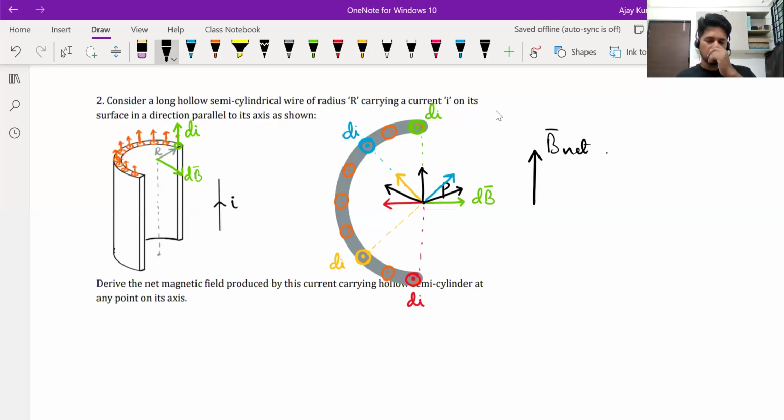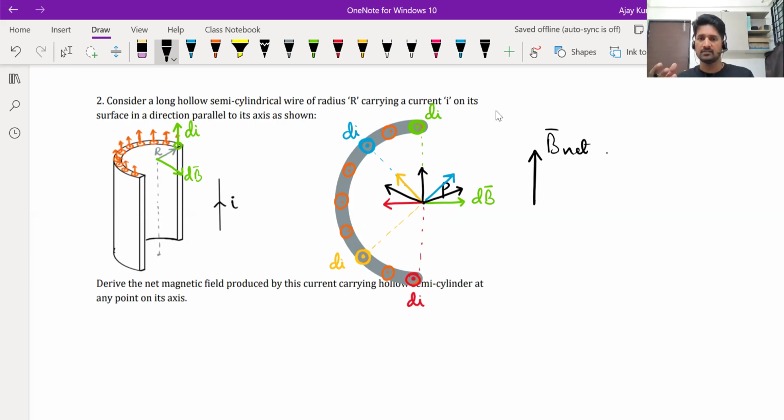Now, why is it important to get the direction of the net field first? Now see, the question is to calculate the net magnetic field on the axis of that half cylinder. Net magnetic field is the sum of individual magnetic fields, and magnetic fields are vector quantities, and there are infinite small vectors that you have to add here.